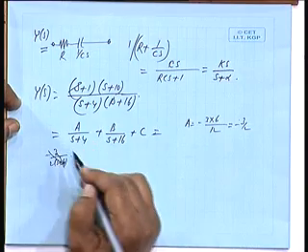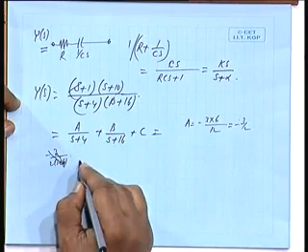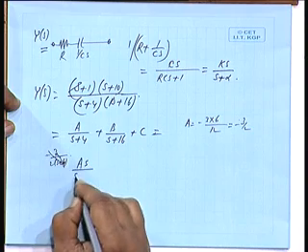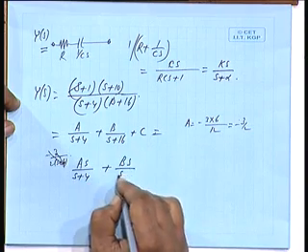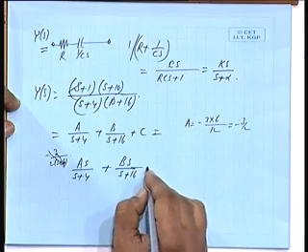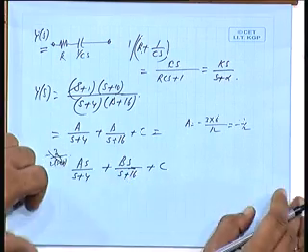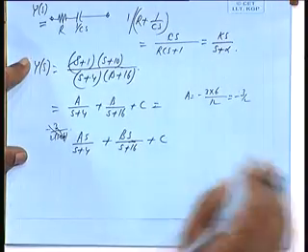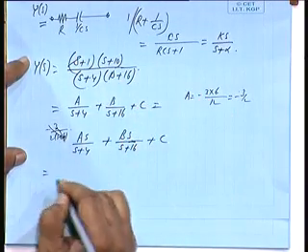So, you will end up in this problem. Suppose now we put a s by s plus 4 plus b s by s plus 16 plus c. Now, let us see what will be the value of a.